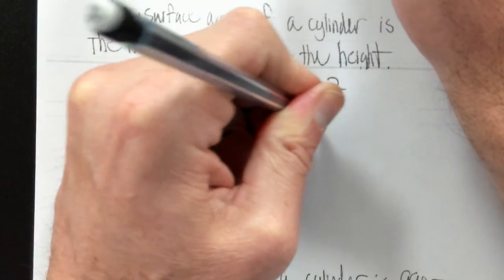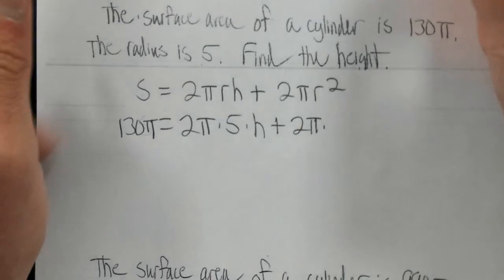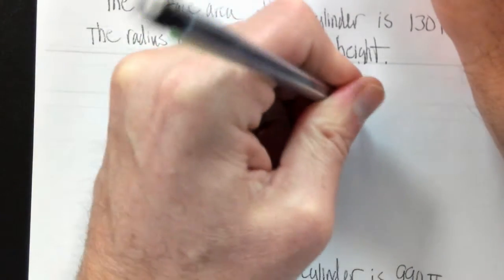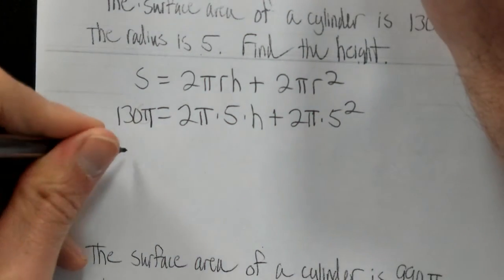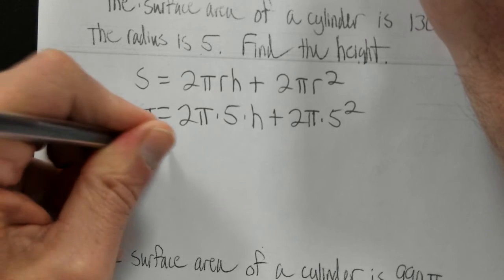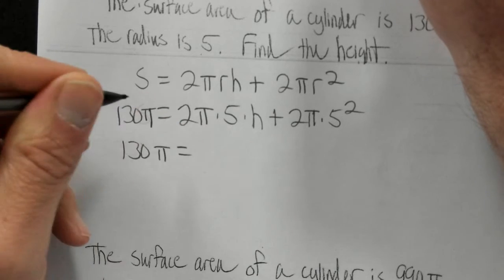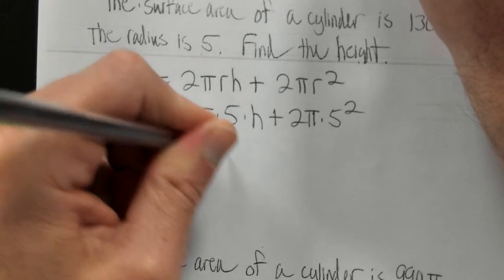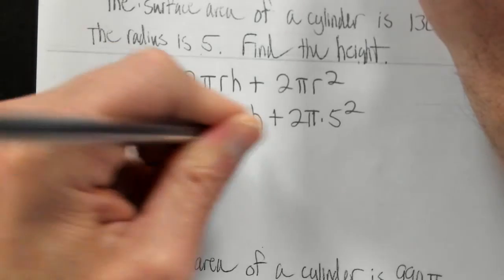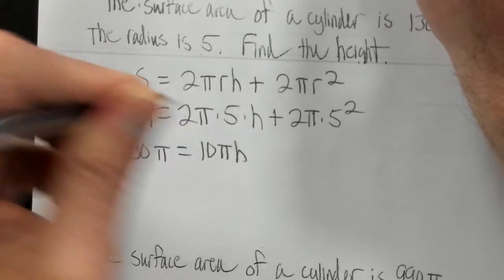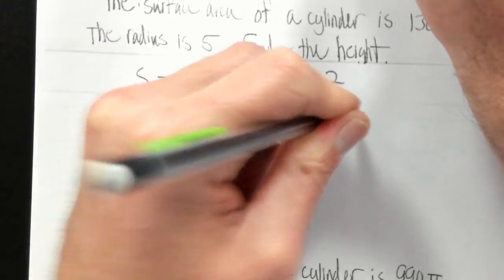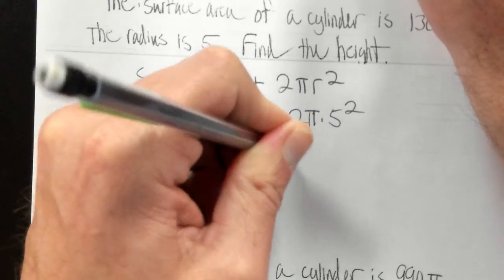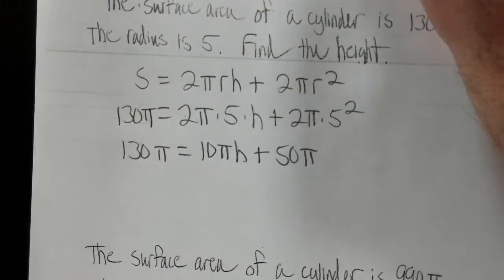Plus 2 pi times 5 squared. Alright, so that is 130 pi is equal to 10 pi h, if I multiply the 2 and the 5, plus 5 squared, 25 times 2, 50. That would be 50 pi.